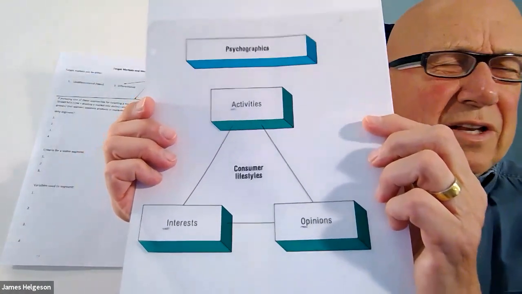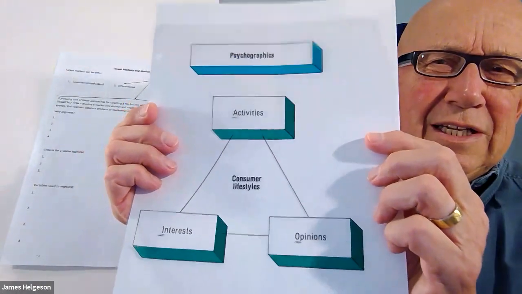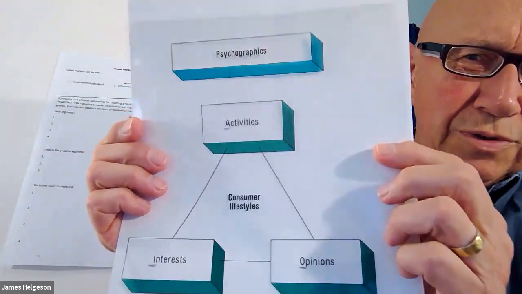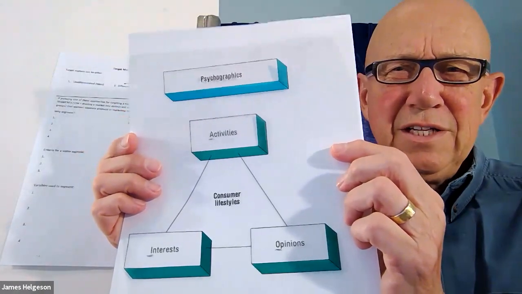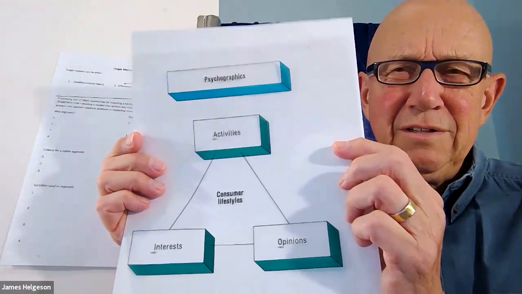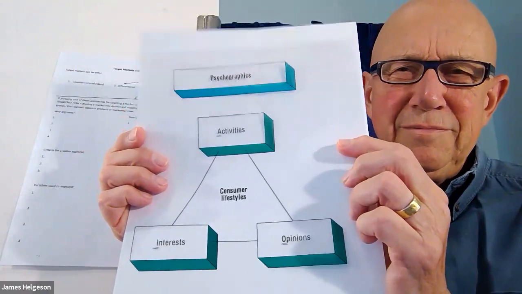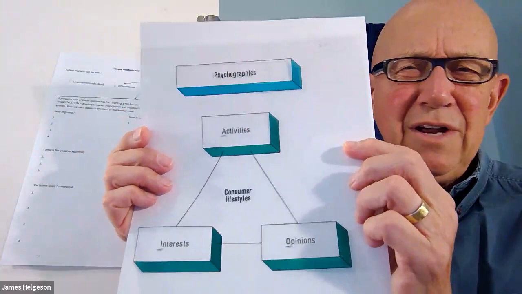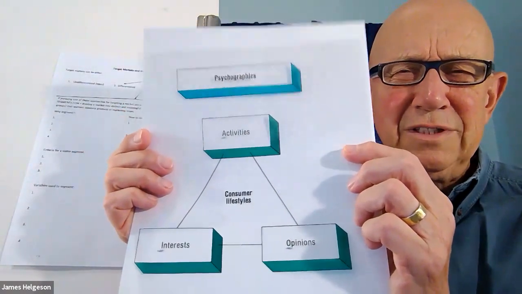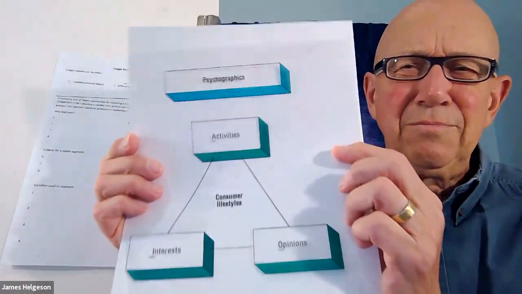You think about demographics. Demographics are like bones of the individual. I know your age and income and occupation and whatever. I know your race and religion and whatever else, these broad categories, ethnic, racial, national background.